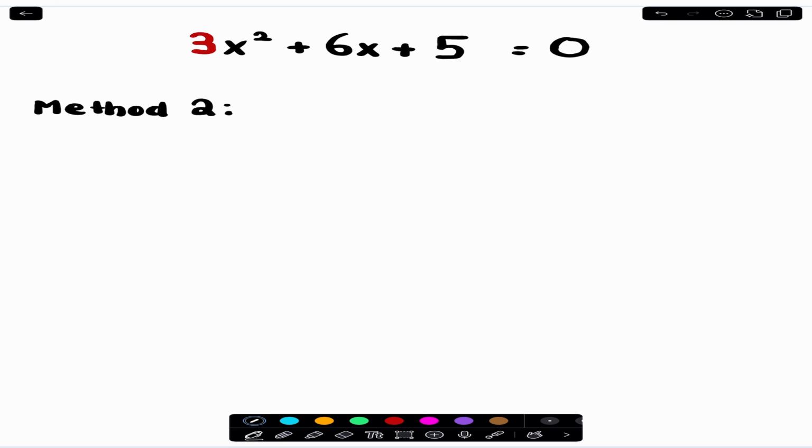Method 2 is to just factor the first two terms, which in this case would be these two terms. So we can temporarily ignore this 5 and just concentrate on 3x squared plus 6x.